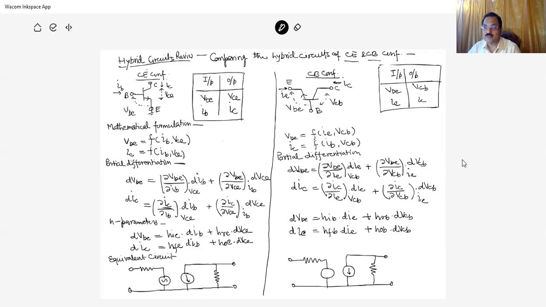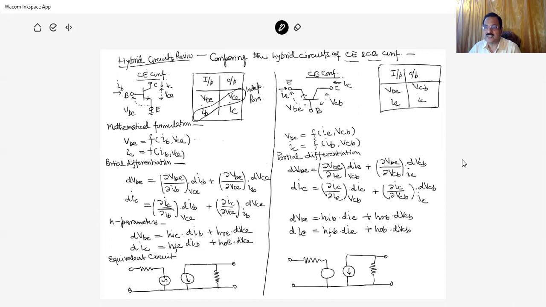For the mathematical formulation of this common emitter configuration, we consider these two parameters as the independent parameters and the remaining two as dependent parameters. So the base emitter voltage and the collector current are dependent parameters.